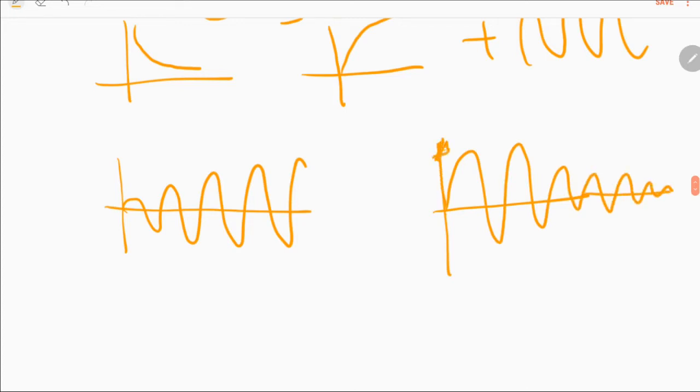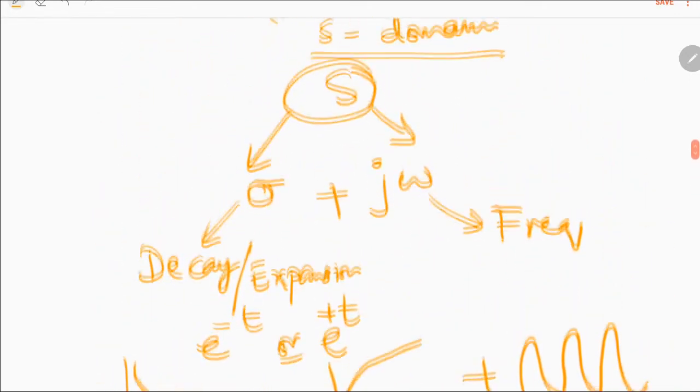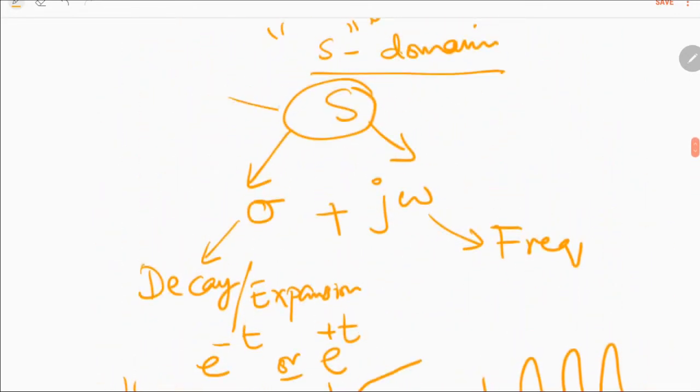Now you can easily see the advantage of having such a signal, right? In control systems, we keep dealing with these signals, so that we can know how the signal behaves over time. Will it remain stable, or will it go unstable over time? So how is this S actually telling us this information? Let's have a very quick example.